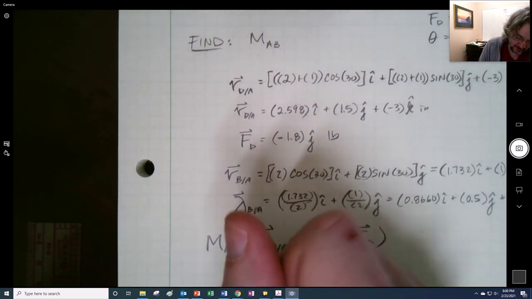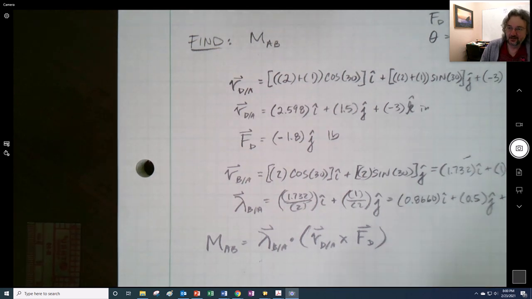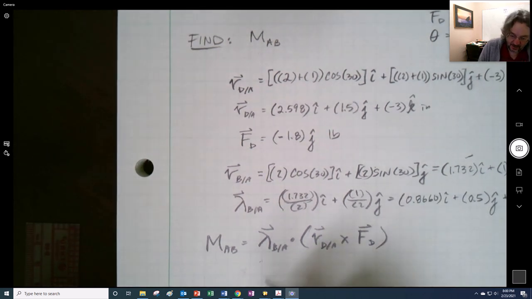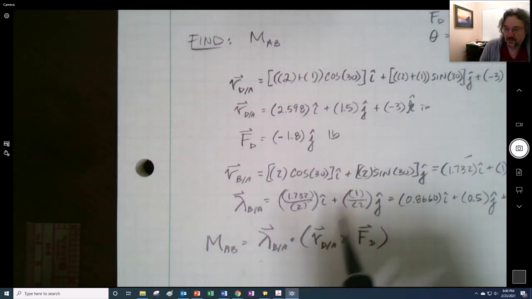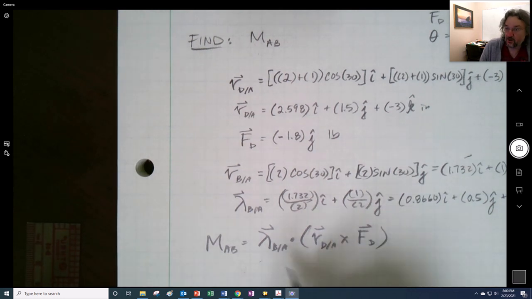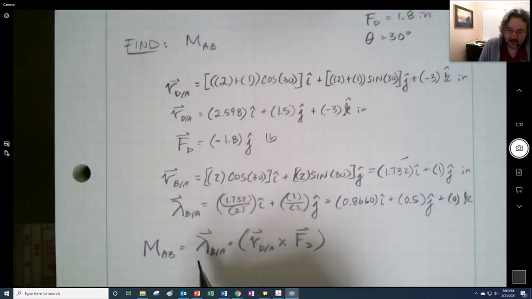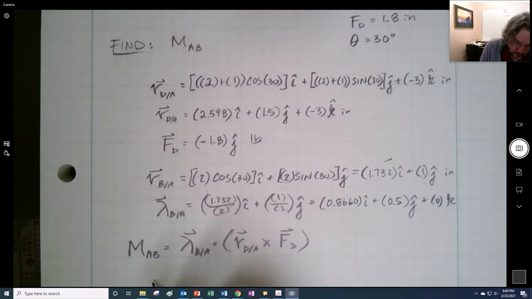Let me do this first, in 2 stages. I think that's how most students would do it. We could write it out as a 3x3 matrix, or we could do this in 2 steps. So let's do it in 2 steps because this is our introduction to the thing. But later on, we might want to do it in 1 step. So I'm going to find the r_D with respect to A crossed with my F_D first.